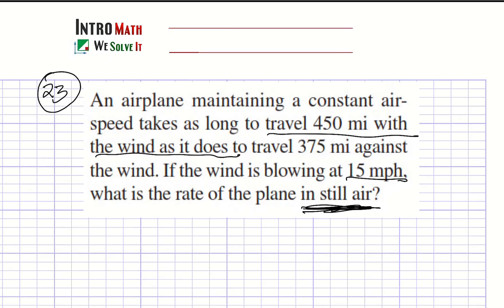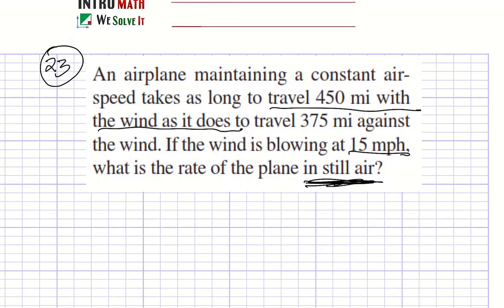And then remember, look at that, it says constant airspeed. It takes as long to travel 450 miles with the wind as it does to travel 375 miles against the wind. So with the wind and against the wind, the time is the same. So just the miles traveled is different.